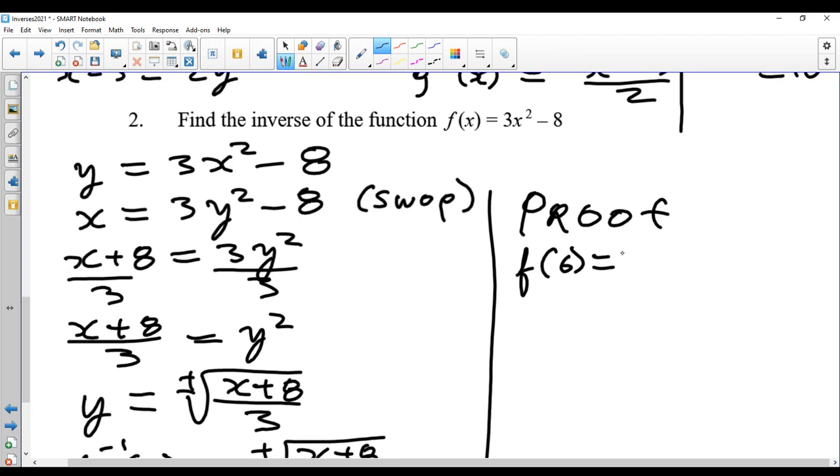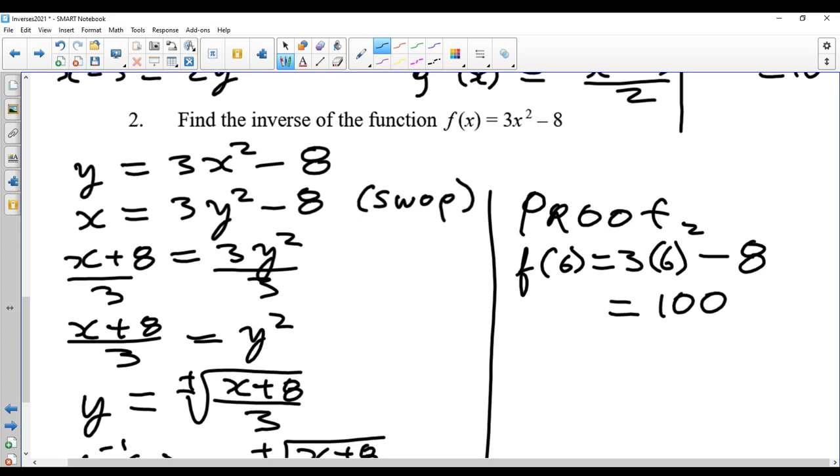F of 6 will be equal to 3 times 6 squared minus 8. So that would be 36. 36 times 3, what is that? 108. 108 minus 8, which is equal to 100. So you can double check that.